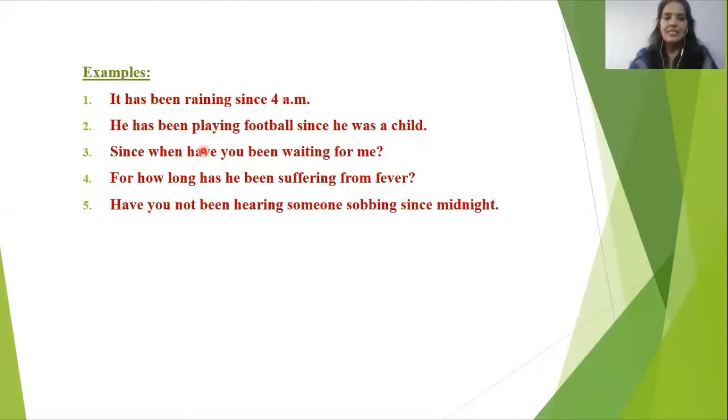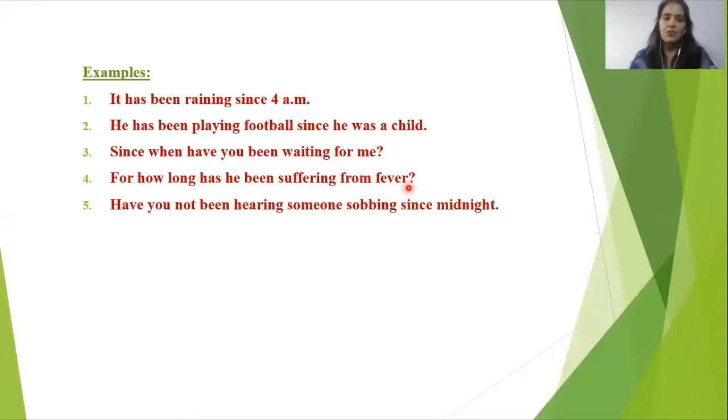Since when have you been waiting for me? Interrogative sentence. Since when means you want to know the exact time. For how long has he been suffering from fever? For how long? For 2 days, for 3 days, right? Generally, we write in an application, I'm suffering for 2 days, 3 days.